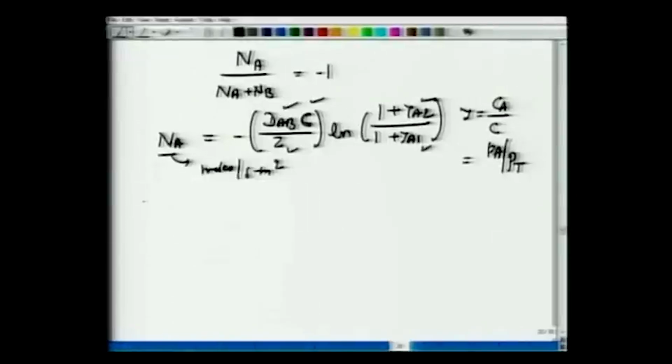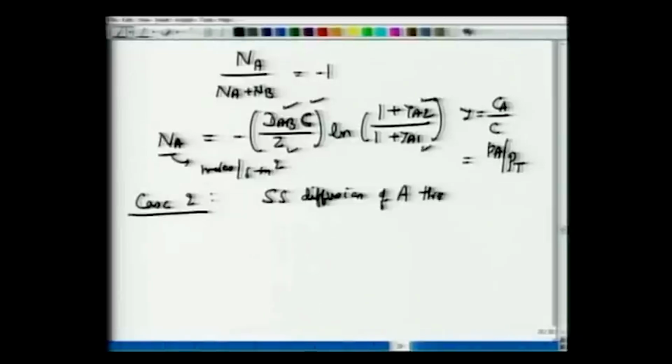We will take another example, case 2, in which we have steady state diffusion of A through stagnant B. When we say it's a stagnant B, we have Nb equals 0.